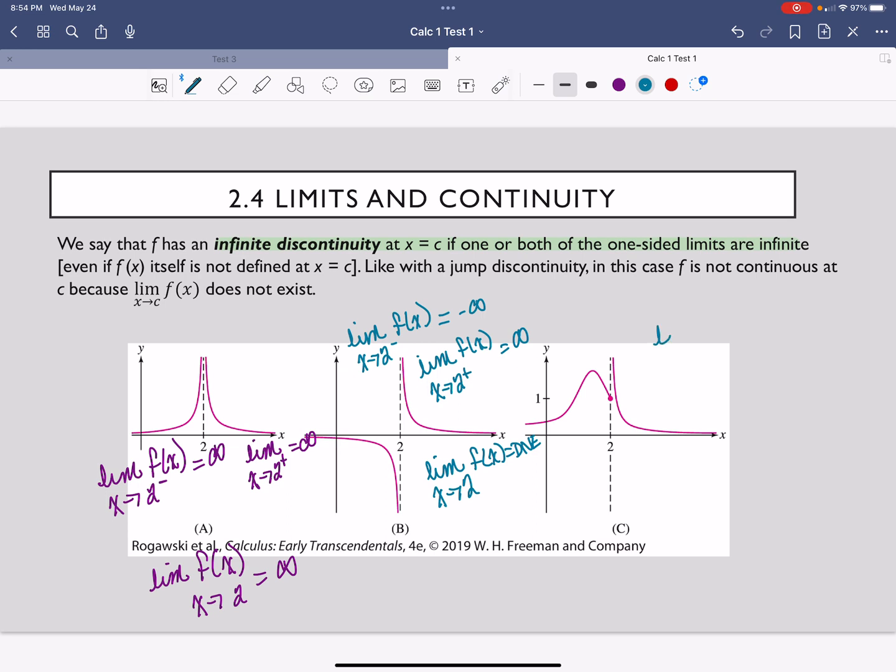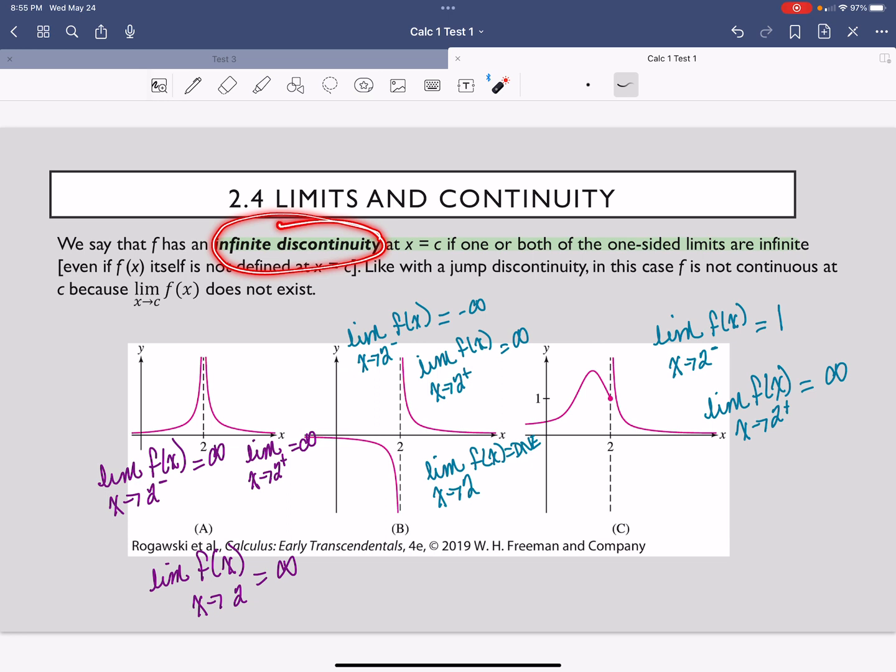The limit of f of x as x approaches 2 from the left is 1, because in this direction we are approaching 1 as we approach from the left. The limit of f of x as x approaches 2 from the right is positive infinity. And so we still have this infinite discontinuity.